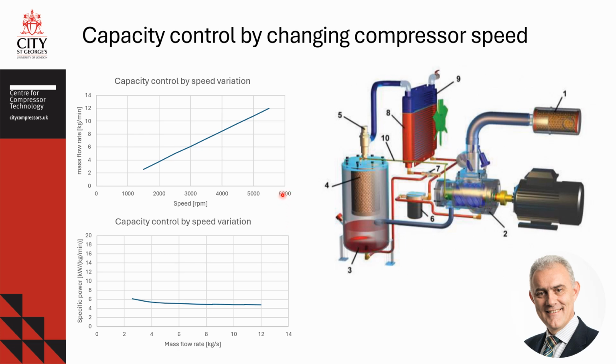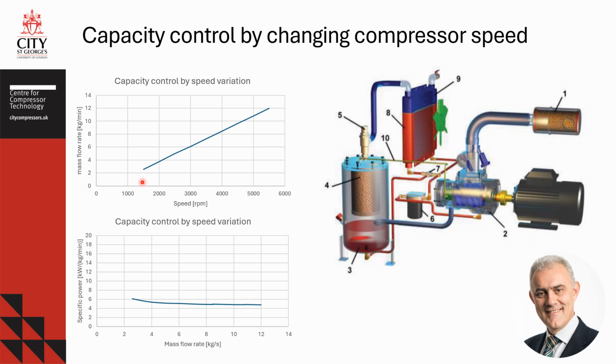Compressor systems with VFD drive are simple and allow flow reduction directly proportional to rotational speed. In our example, the flow rate is reduced from 12 kilograms per minute to about 3 kilograms per minute by reducing compressor speed from 5,500 to 1,500 RPM.